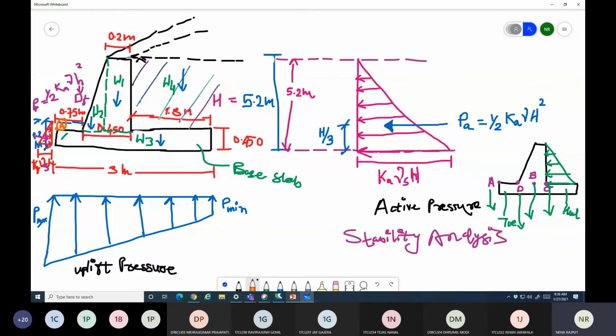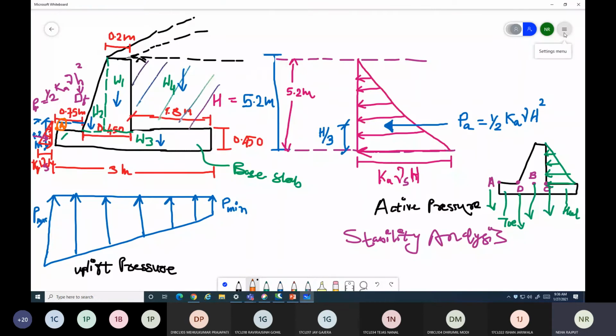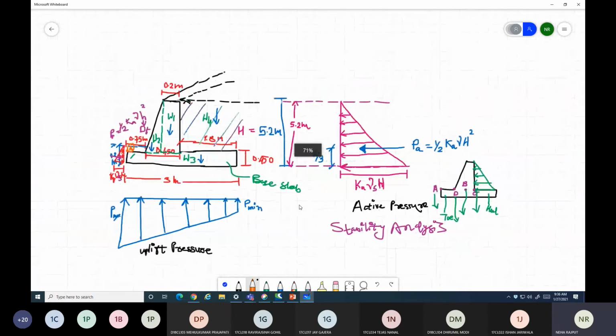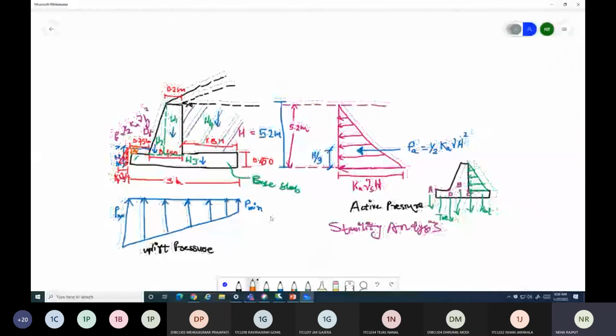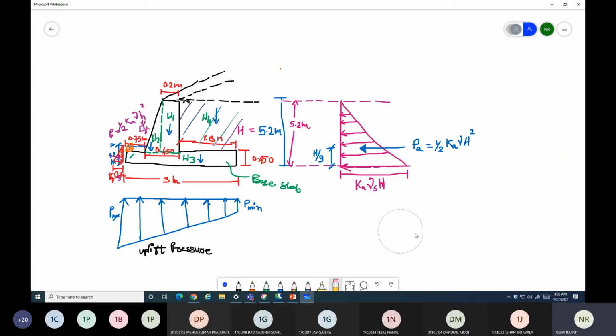Now I'm preparing the table over here. The very first is load.